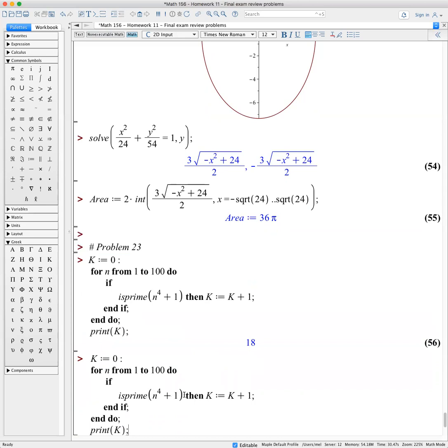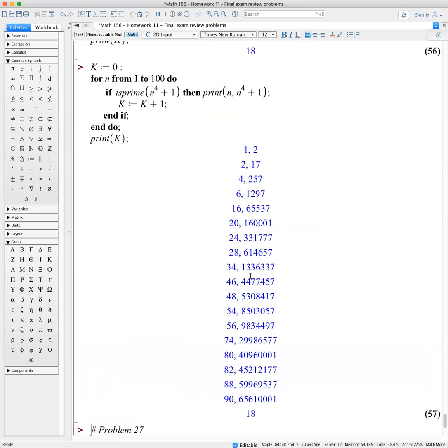If isprime of n to the fourth plus 1, then do two things.